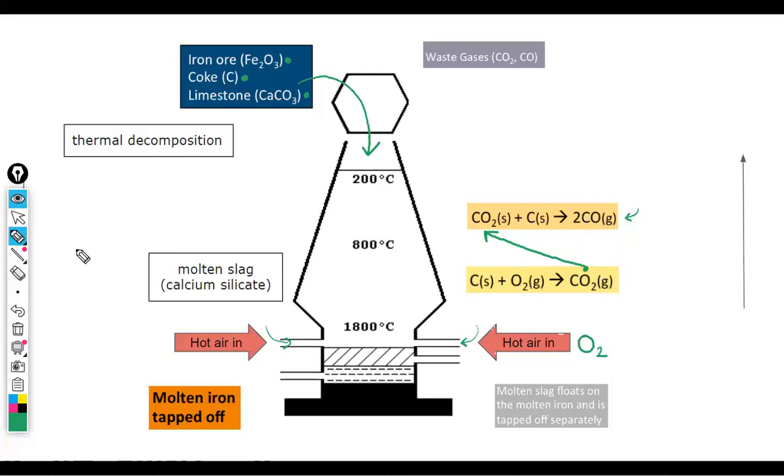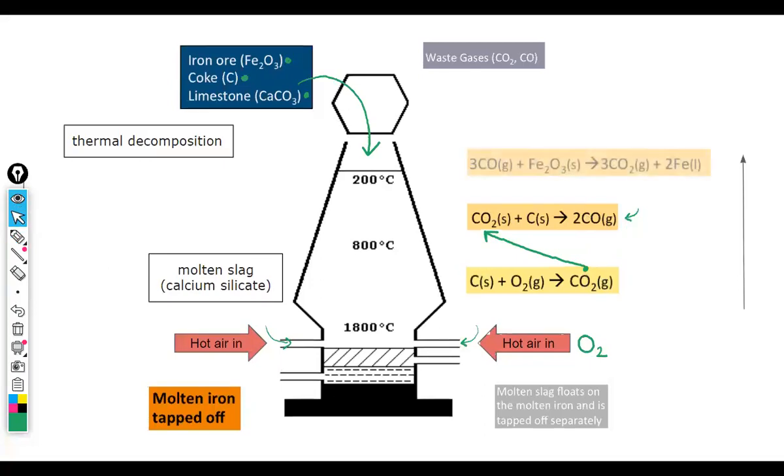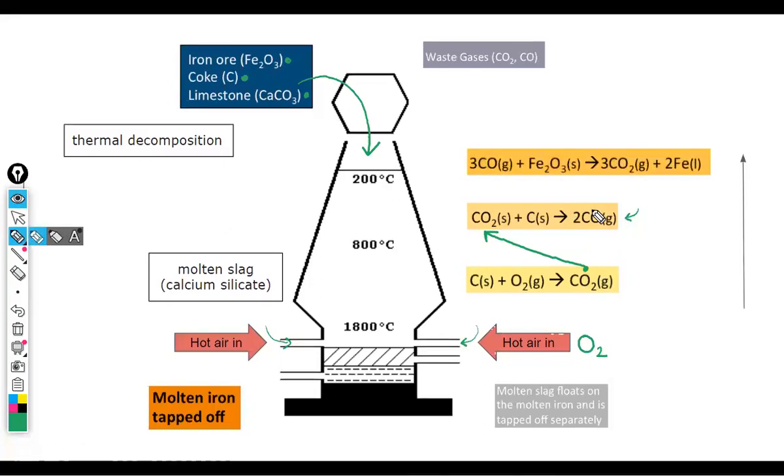The carbon monoxide that you just created is going to mix with the hematite, the iron ore. And you all know which one is higher in the metal reactivity series. If you look back in the chart, you all see carbon here, and you all see iron.